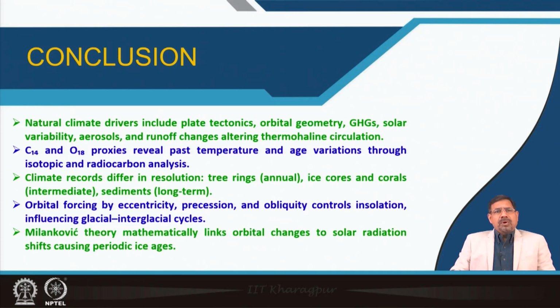So, the fourth one, orbital forcing by eccentricity, precession and obliquity controls insolation, influencing the glacial and interglacial cycles, and Milanković theory mathematically links orbital changes to solar radiation shifts causing periodic ice ages.